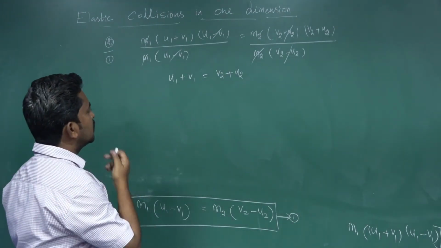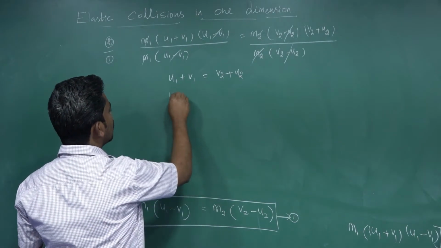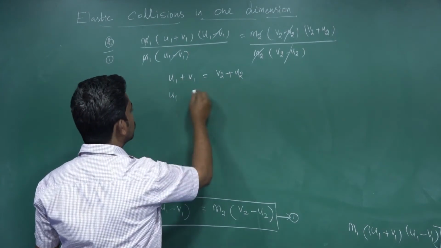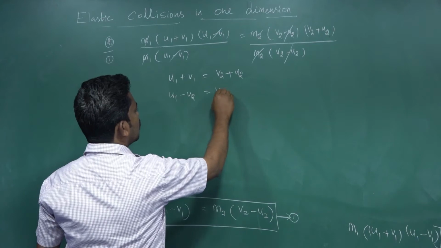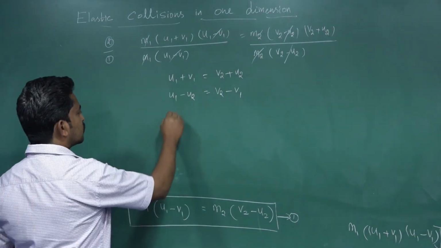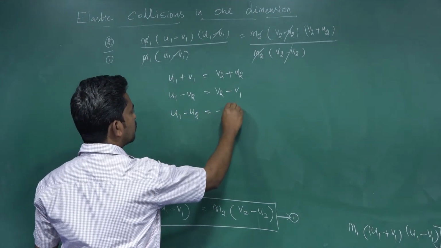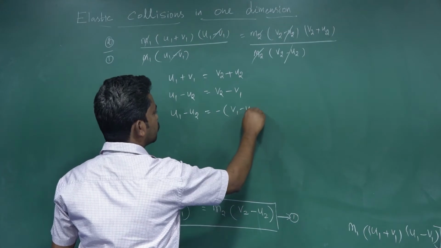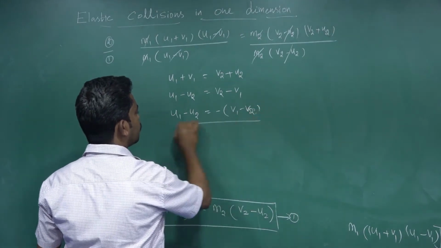Rearrange the values: u1 minus u2 is equal to minus of v1 minus v2.